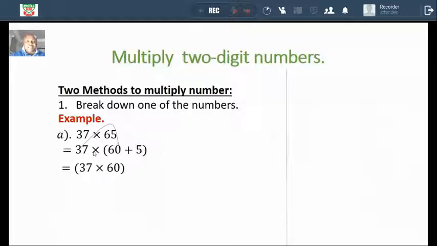So 37 multiplied by 5 will be written here as plus 37 multiplied by 5. Now we have just expanded this equation to 37 multiplied by 60 plus 37 multiplied by 5.